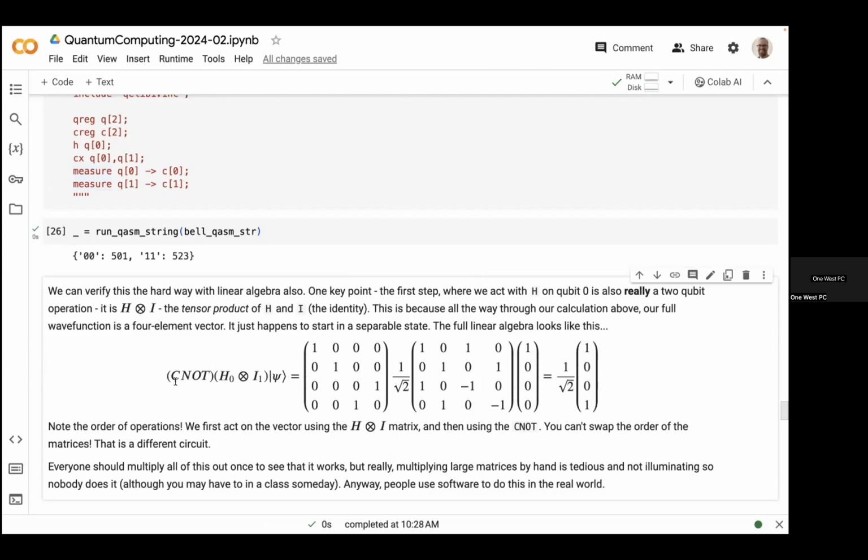And so if you do that, if you take C0 times H0, H on the 0 qubit tensor I on the second qubit, on psi, starting in the ground state, you'd find this. Here's my C0 matrix. This matrix is Hadamard tensored with the identity on the second qubit.